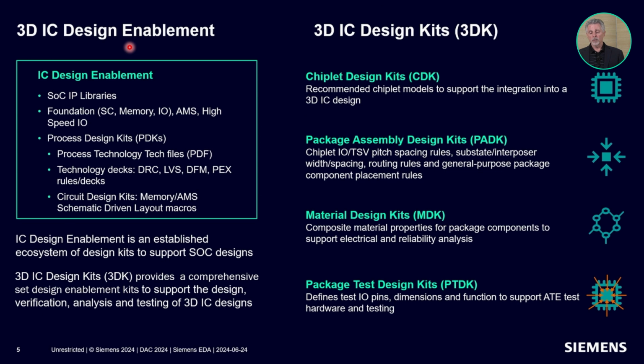And then the last one is for test. We call it package test design kits. In the chiplet model, we have a lot of information in terms of the physical dimensions of the device, also the pins and the functional mode. But when you're testing these devices, there typically is a different set of pins that are used to test for wafer sort when you're actually testing the wafers.